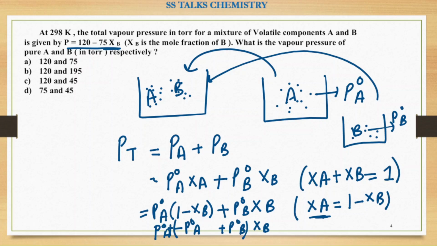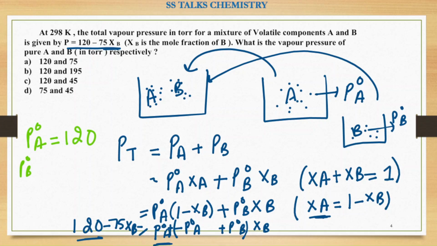Here the plus sign I am writing, and this is equated to the total pressure given to us as 120 minus 75 into XB. Just equate these now. You can see that P naught of A is equal to 120, and the difference, P naught of B minus P naught of A, is minus 75.